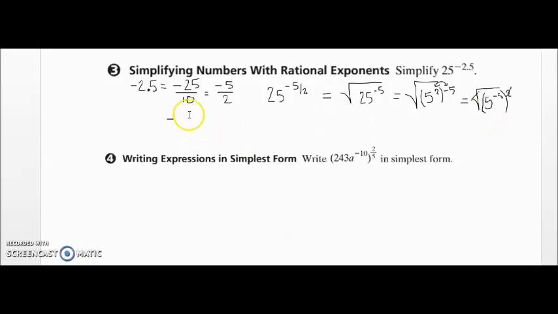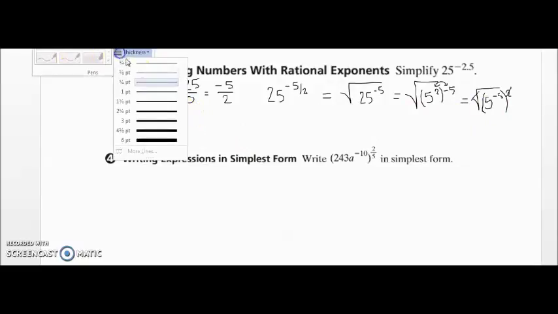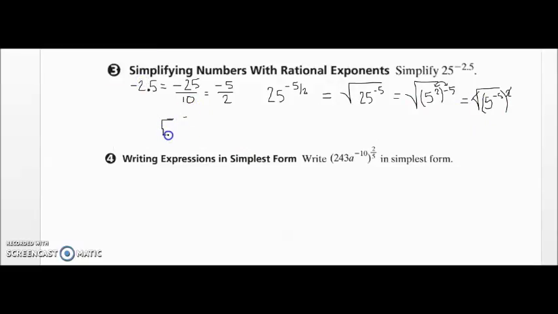Okay, so since we're left with negative 5, we have 5 to the negative 5. This negative exponent means that it's not happy being in the numerator, so we're going to make this 1 over 5 to the 5th power.